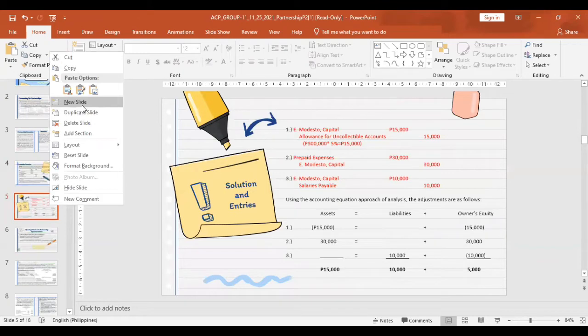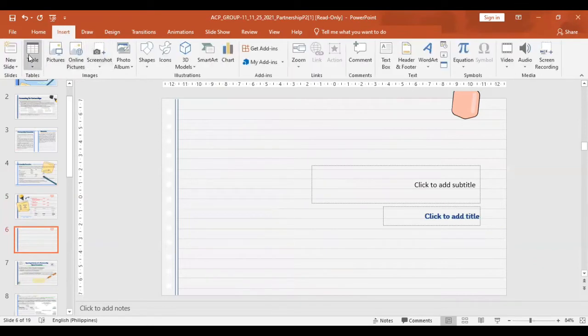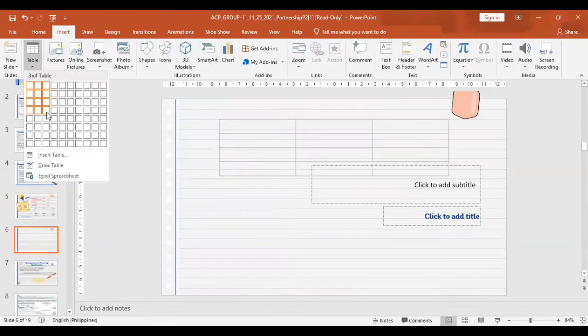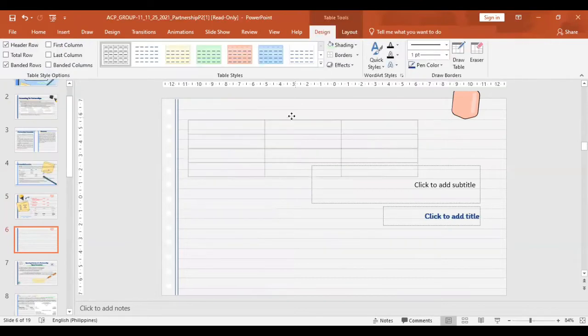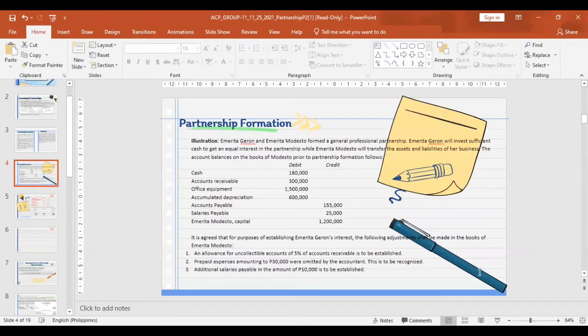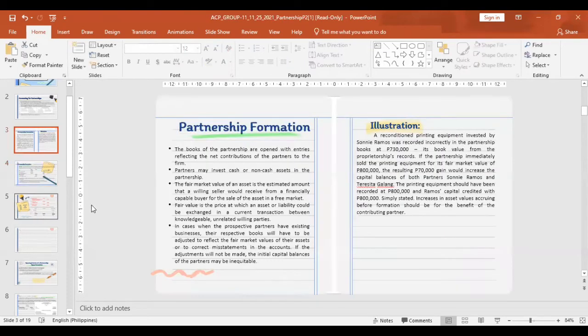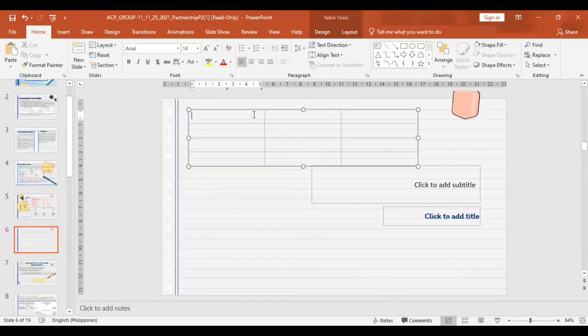So, new slide na tayo. Ayan. Sinabi dito na Emerita Modesto capital is 1.2 million daw. So, start yung capital niya. Meron siyang 1,200,000.